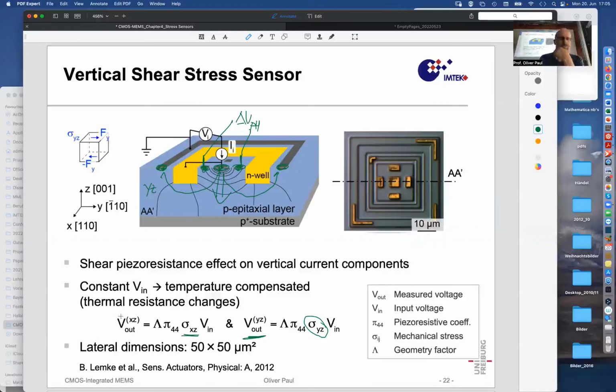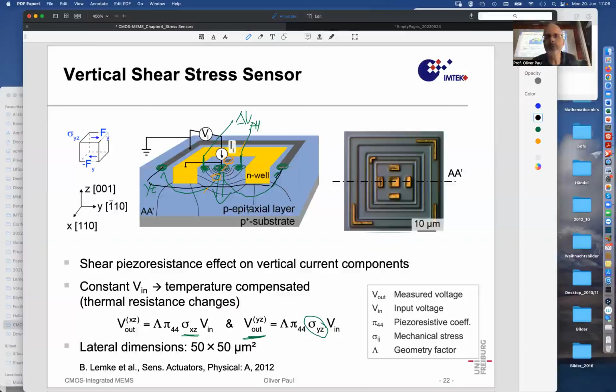And this produces then an output voltage between this contact, let me point this out in orange, and another contact here in the front on that X line, and the surrounding contact, of course, goes also around the whole thing. So this encloses the structure like this. It's a circular square surrounding contact.